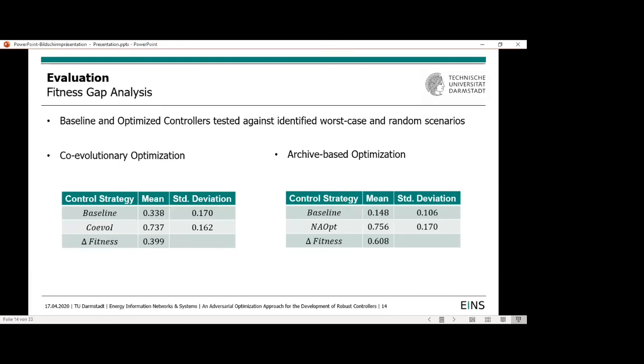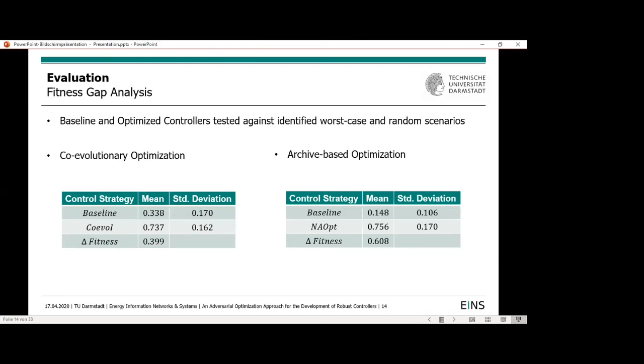We did not use such a test set. For us, it was more important to look at the difference, like look at the fitness gap. First of all, we would like to compare the baseline against the optimized controllers, for instance, here the co-evolutionary optimization, and look at what is the fitness gap, which indicates the difference between the baseline and the optimized controllers.